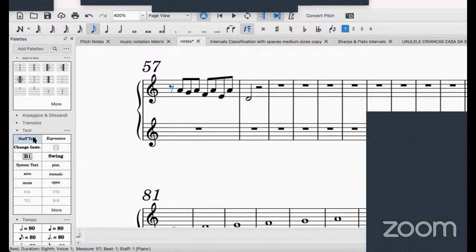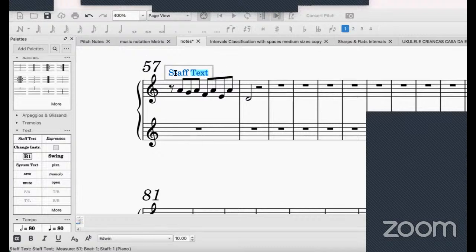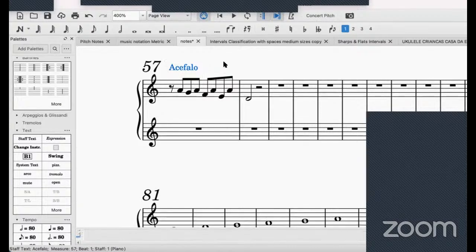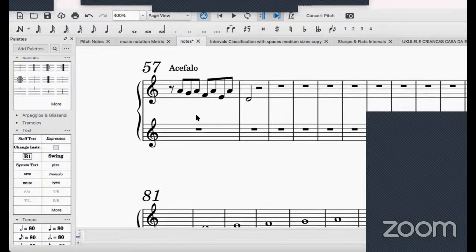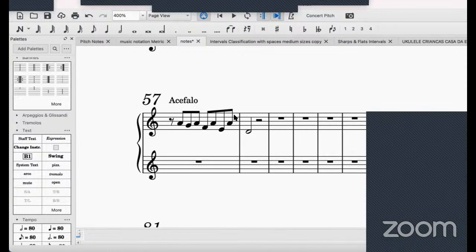So when it starts with the rest, they call it acephalous. A is a negative, cephalo is head. No head, which means no sound, it starts with the rest. The name of this measure is acephalous.